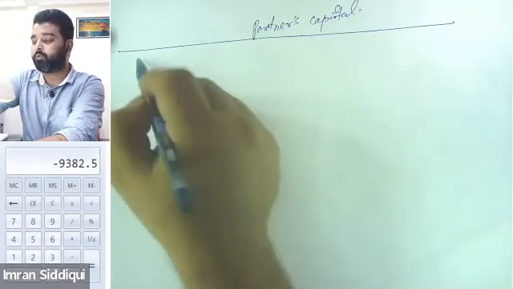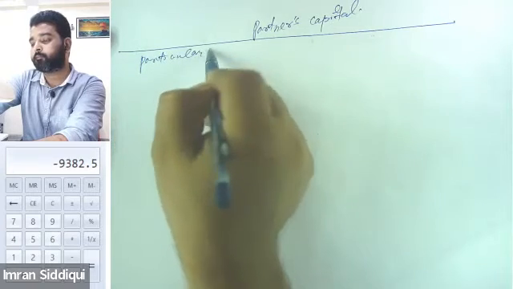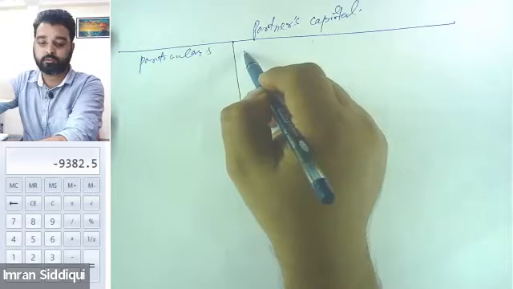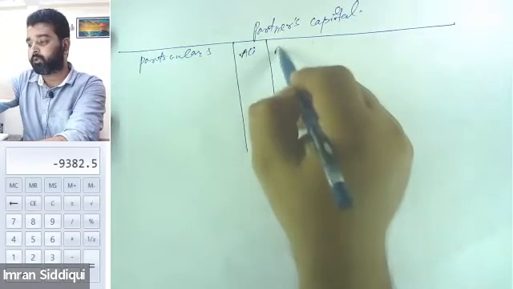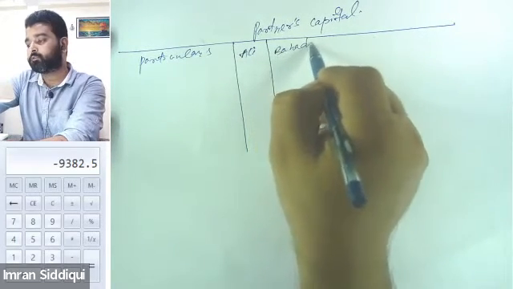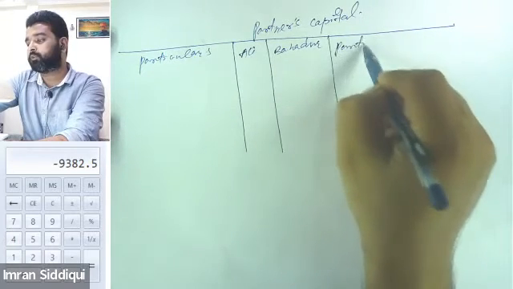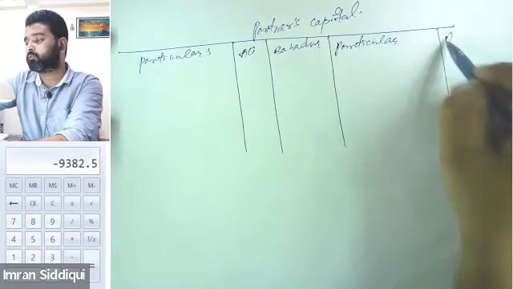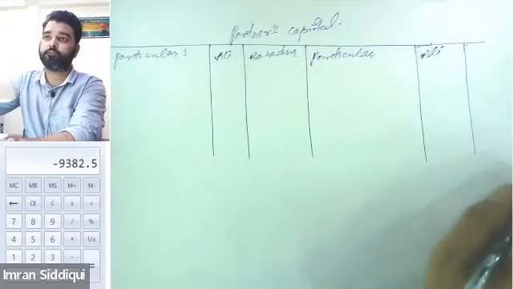In the partners capital account, we will first write down particulars. Then the name of the first partner, Ali, then the other partner, Bahadur. Then particulars again, then Ali, and finally Bahadur.